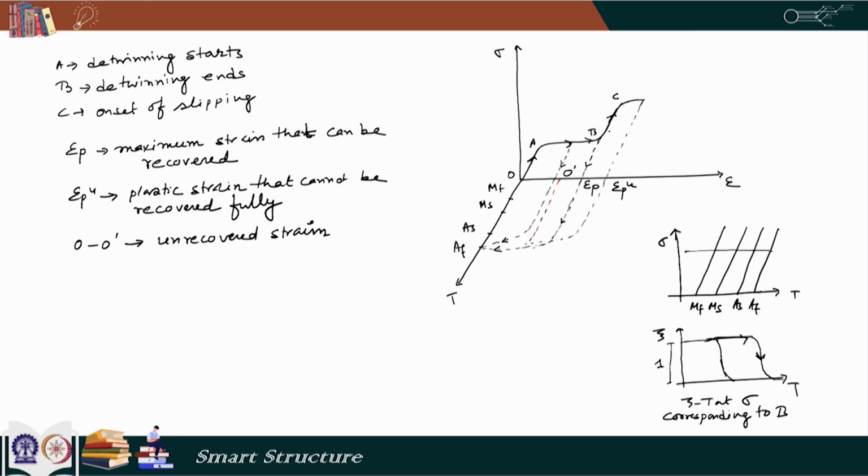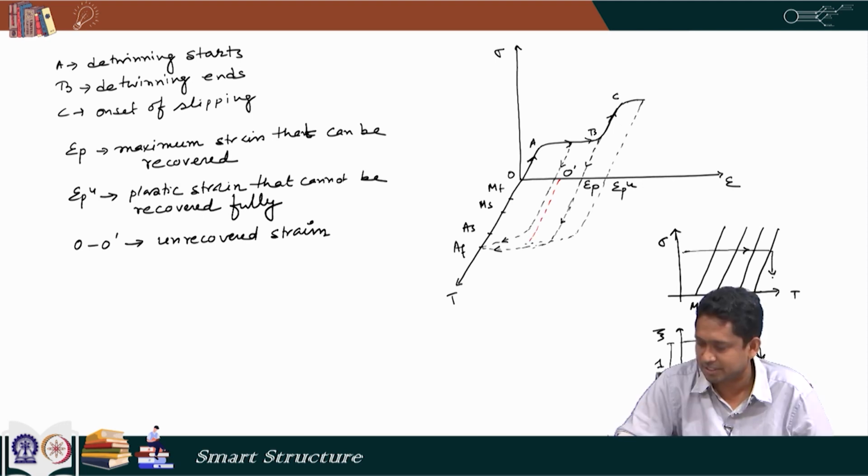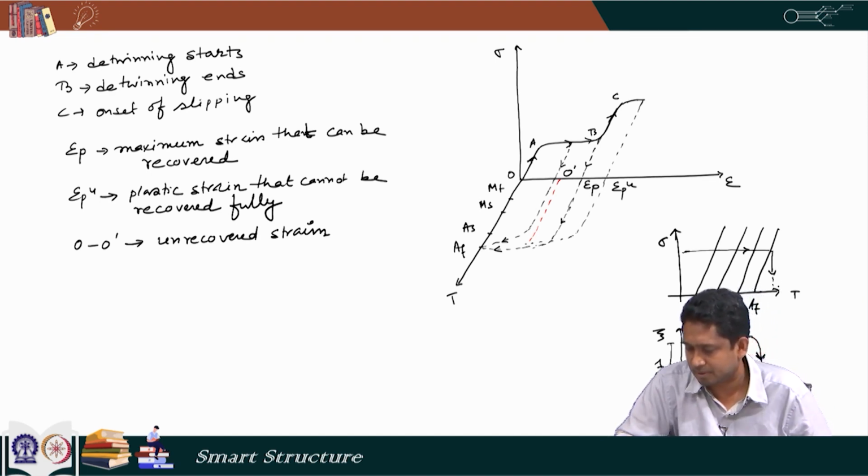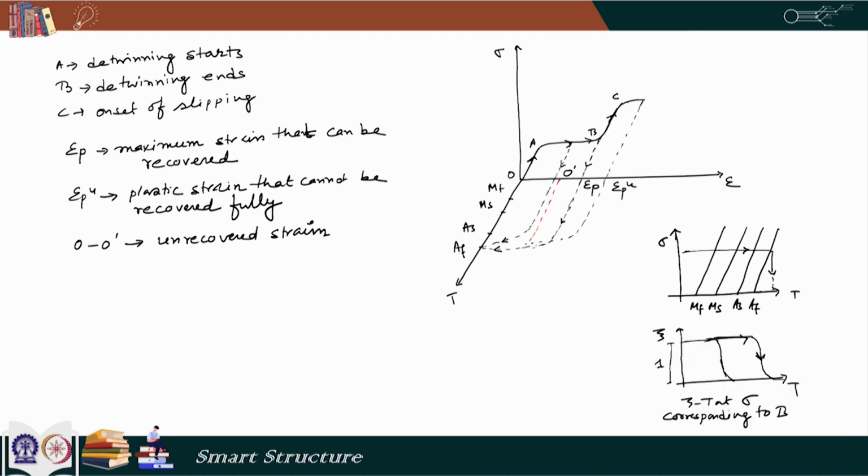Now, once the material is austenite, if I unload it, so initially we started from here, we followed this path. Now, suppose I want to go toward this side by unloading, then the material will still remain austenite.